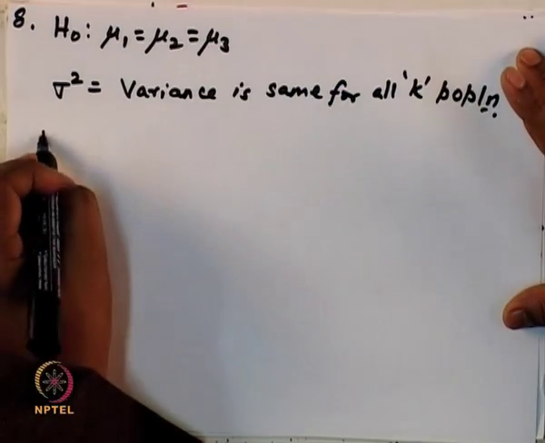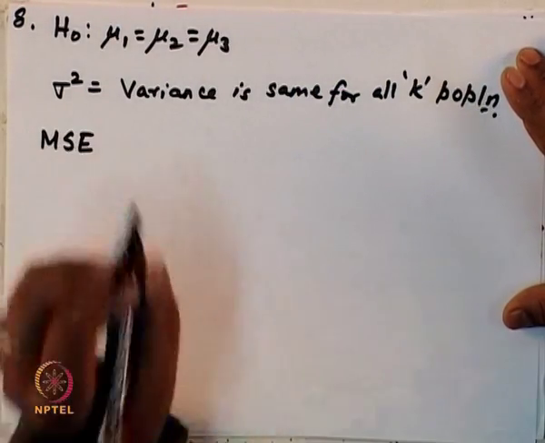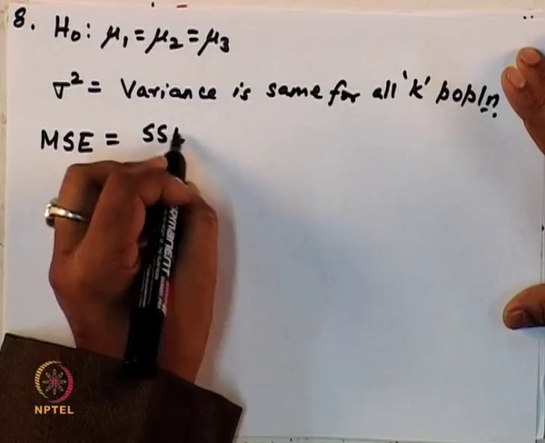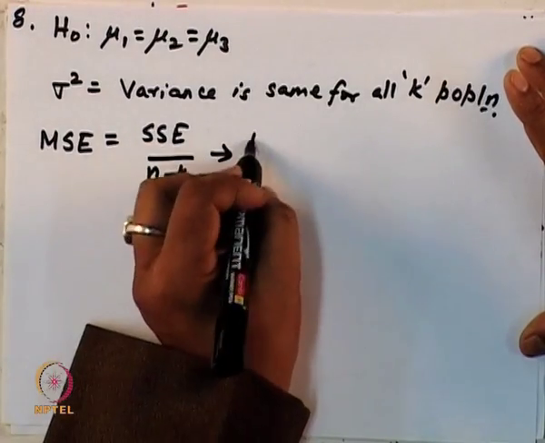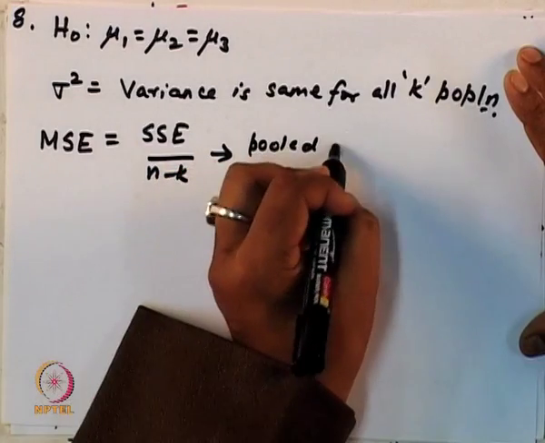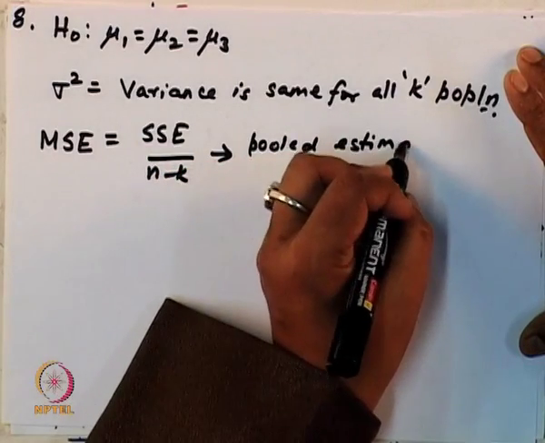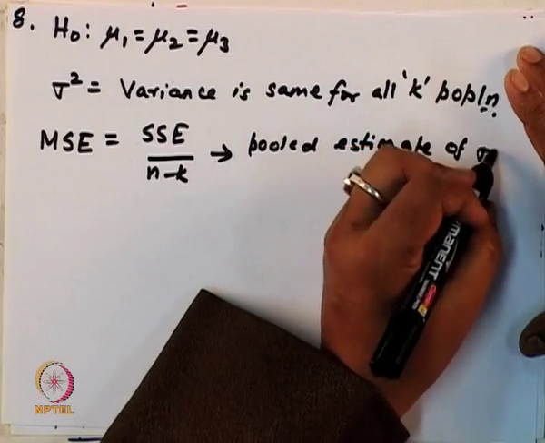So, our MSE, which is given by SSE by n minus k, provides us with a pooled estimate of sigma square.